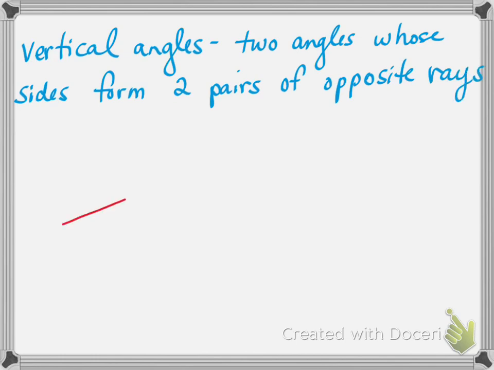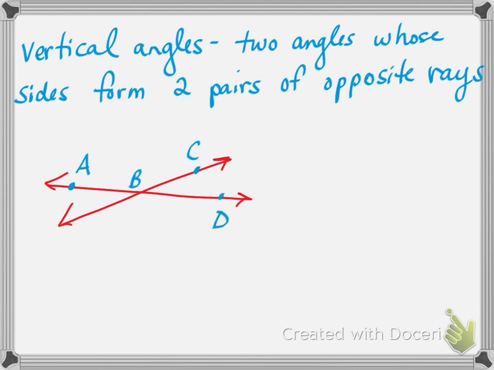So, I'm going to put some points on here this time of A, B, C, D, and E. I'm going to show you that angle 1 and angle 2 are vertical angles. So if they're vertical angles, then they have sides that form two pairs of opposite rays. So let's look at angle 1.